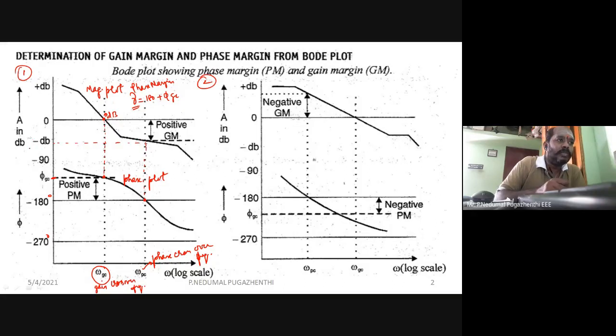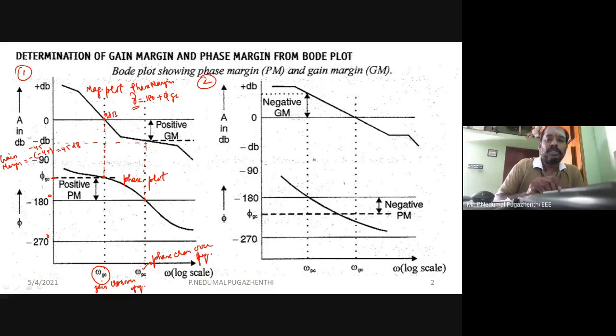Let us say you get minus 45, then your gain margin is minus of minus 45, which will give you 45 decibels. If you get a negative value, you have to convert that into a positive. So that is your positive gain margin. If both the phase margin and gain margin are positive, then your system is stable.